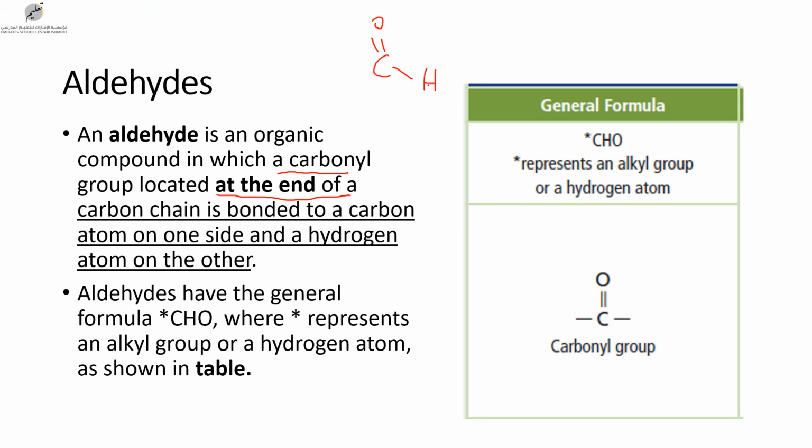H here, and then here a star. Now what does this star represent? It would represent an alkyl group like an R, okay, a carbon chain, alright, or a hydrogen atom. And this is the general formula of aldehydes. So CHO, this is where it comes from, okay?